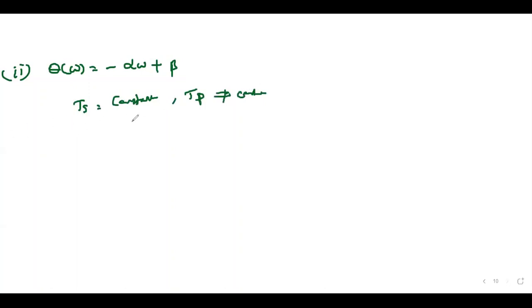Okay, at this point what will be the condition for the impulse response and what is the center of symmetry, we will calculate now.